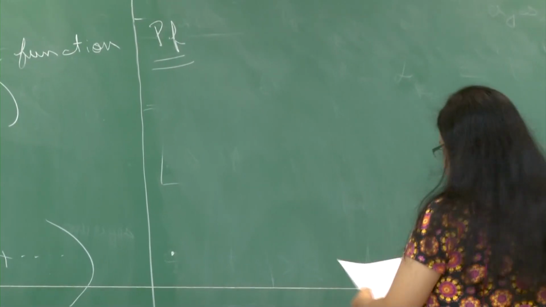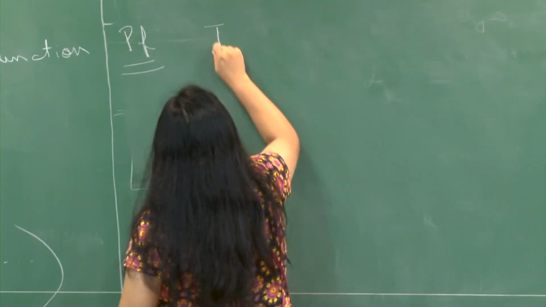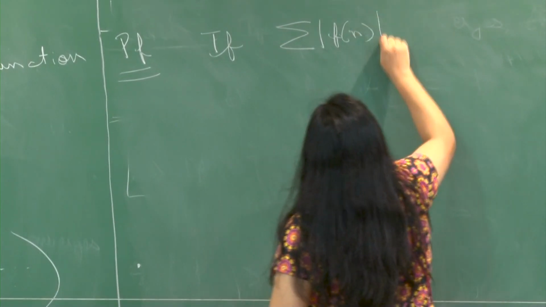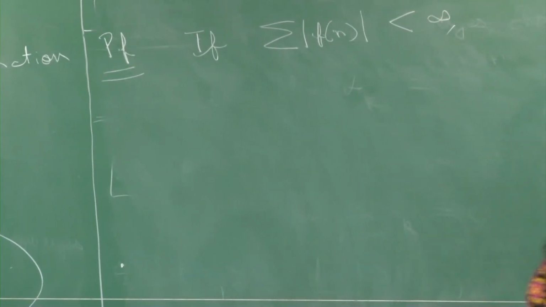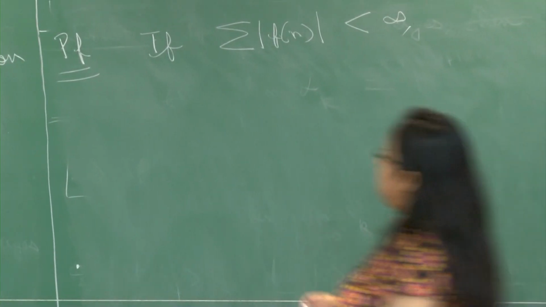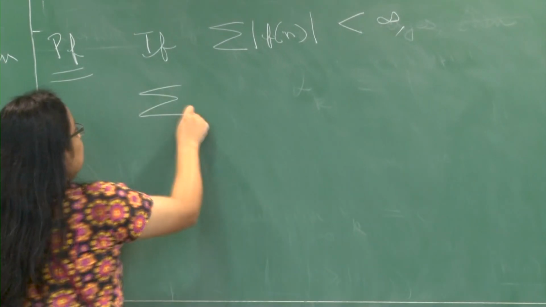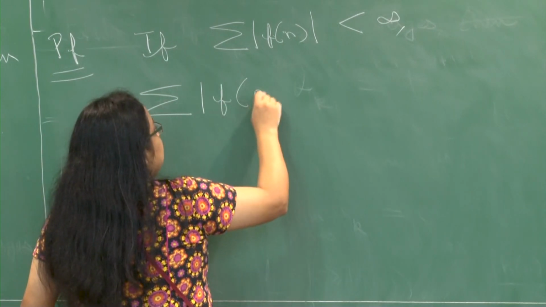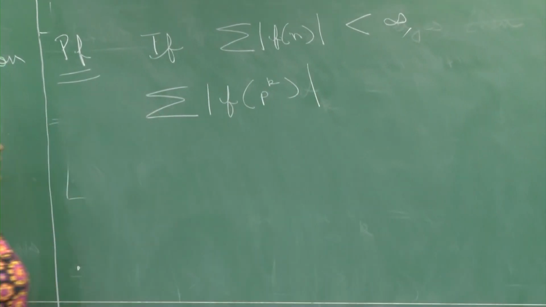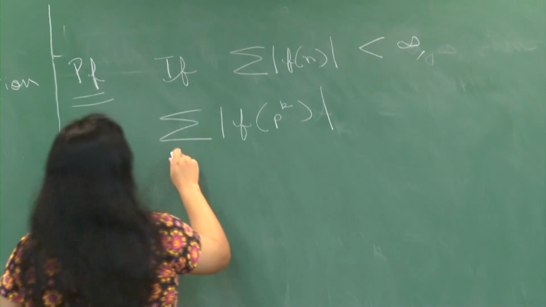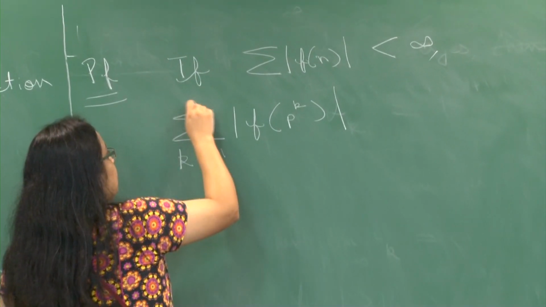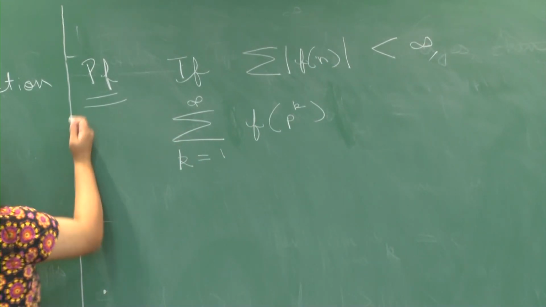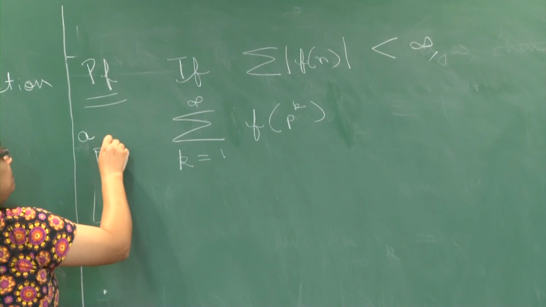Note that for any prime p, since the summation is finite, what does it mean? If you take the summation of absolute f of p raised to the k, as k goes from 1 to infinity, you take this sum and call it a sub p corresponding to any prime p.